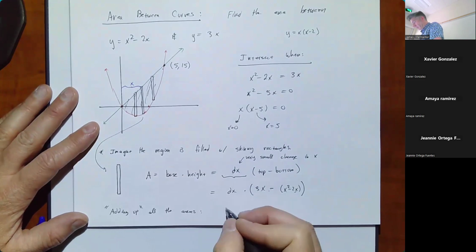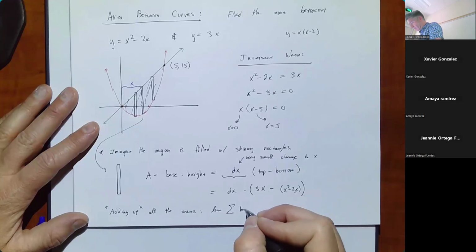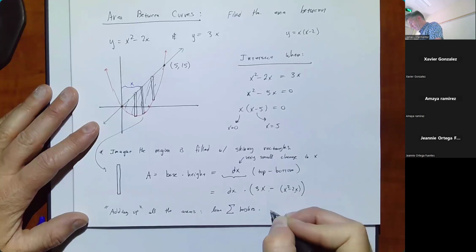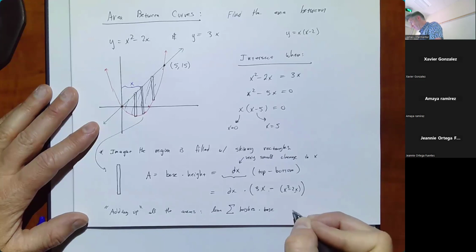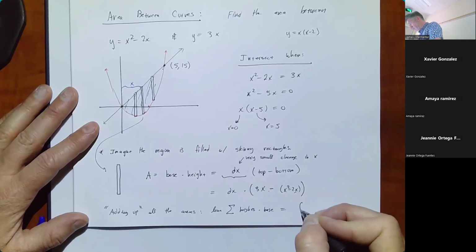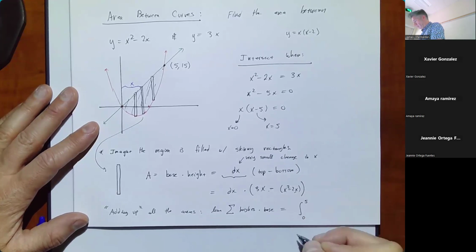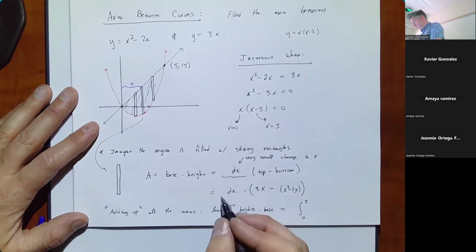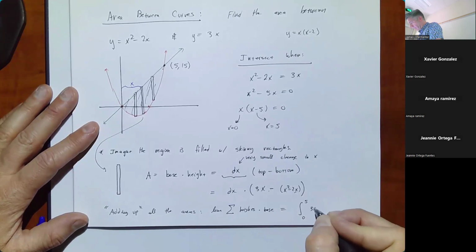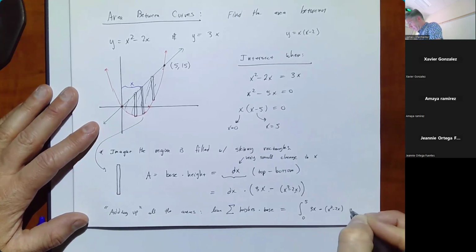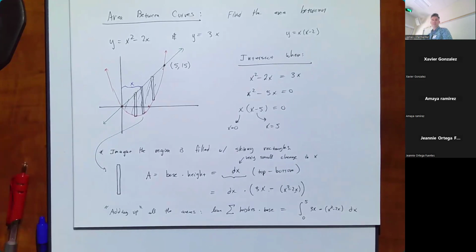So we're getting like the limit of the sum of the heights times the bases. That's going to end up being the integral from as far left as 0 to as far right as 5 of your heights times your bases. 3x minus x squared minus 2x dx.